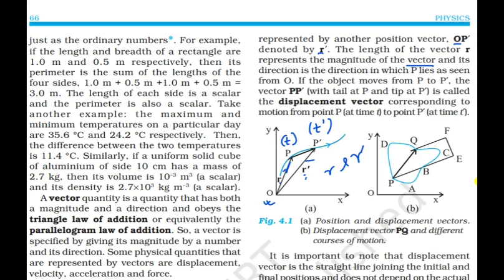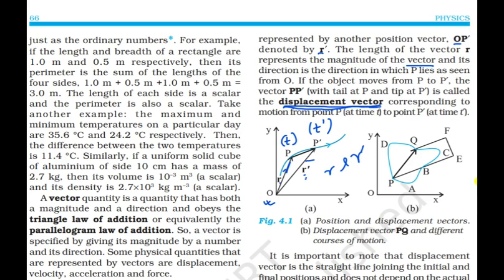So if the object moves from P to P dash, the initial position was P and the final position is P dash, then PP dash will be the displacement vector.